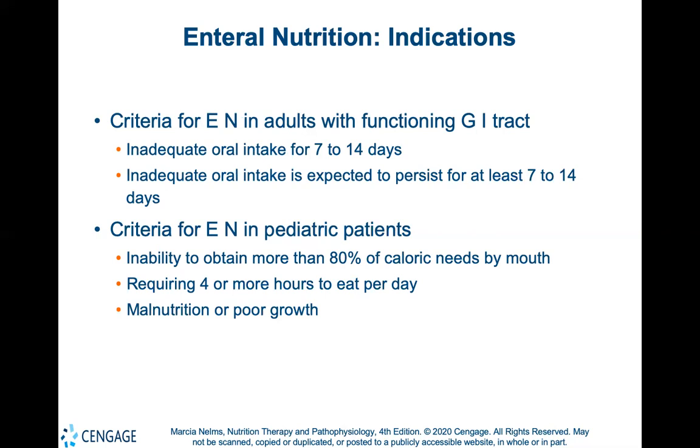The recommended criteria for use of enteral nutrition in pediatrics include the following: unable to obtain more than 80% of caloric needs by mouth or requiring an extended time period to eat, more than 4 hours per day, or malnutrition or poor growth demonstrated by a decrease of two or more weight or height channels, or persistent triceps skin folds less than the fifth percentile.